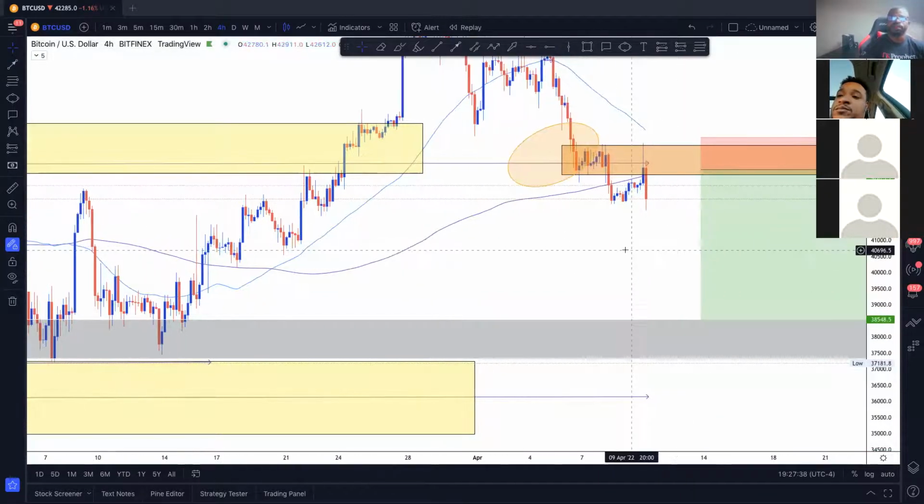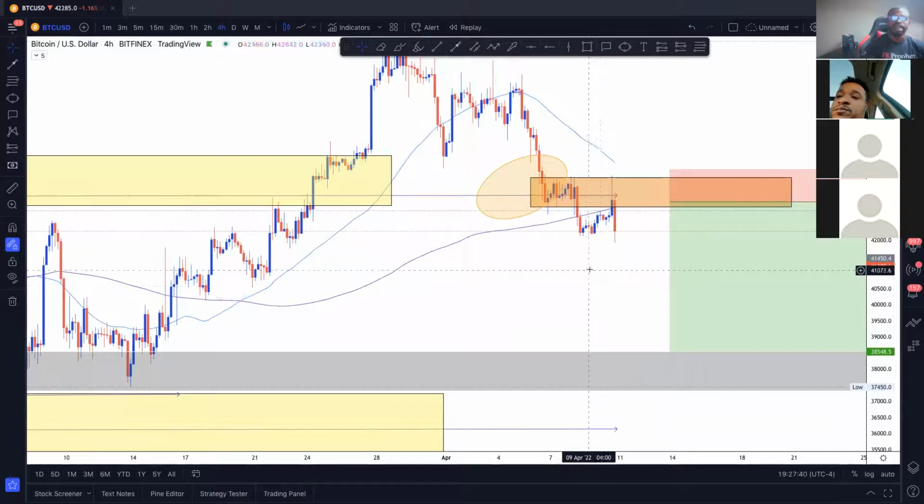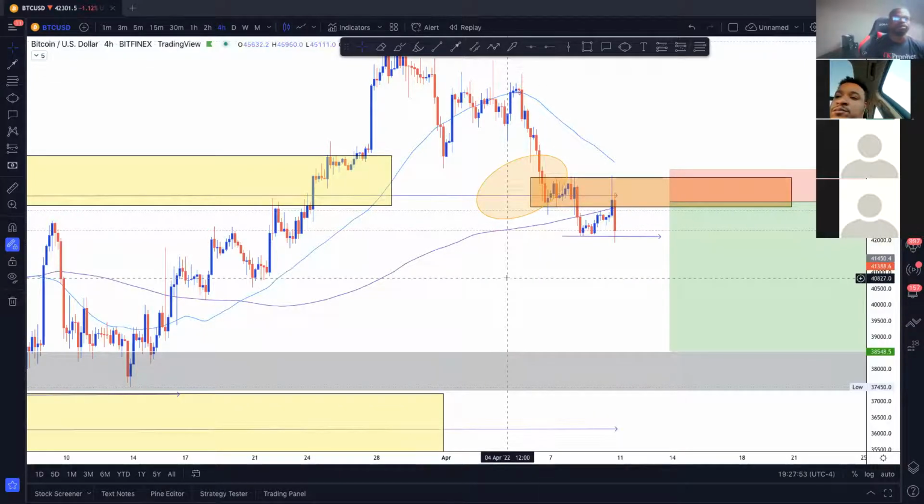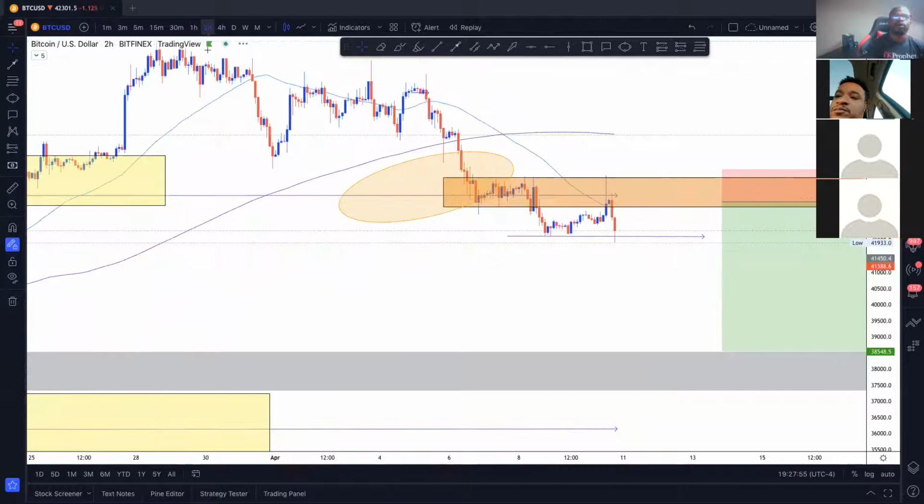All right. Now, as far as an entry, like I said, we really just missed a very nice entry. So to be safe, what we could do is utilize our break and retest methods or wait on a pullback. Okay.